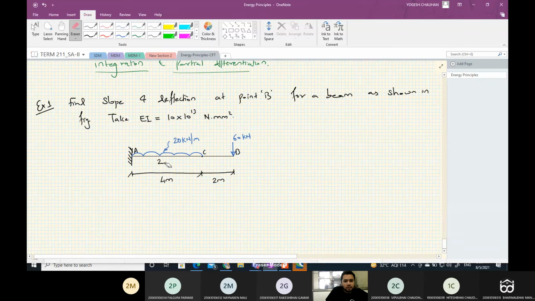That means the material is constant, so the moment of inertia is 2I. So this is given in the data.